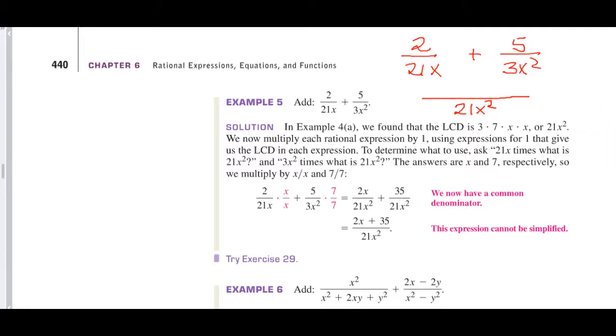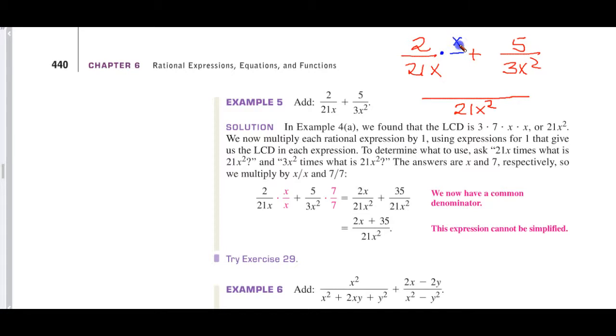Now, I'm going to use a different color, and I'm going to multiply this by a 1 and this by a 1, but the one I'm going to choose will make my new denominator this. So the one that I'm going to use here, think about it for a moment, what would it be?